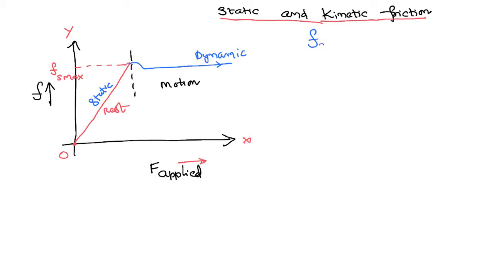To measure the static frictional force, we use a coefficient called mu s, coefficient of static friction. To understand the dynamic frictional force, we can write Fk equal to mu k into N. This is also a coefficient of friction, but this is called the kinetic coefficient of friction or dynamic coefficient of friction.